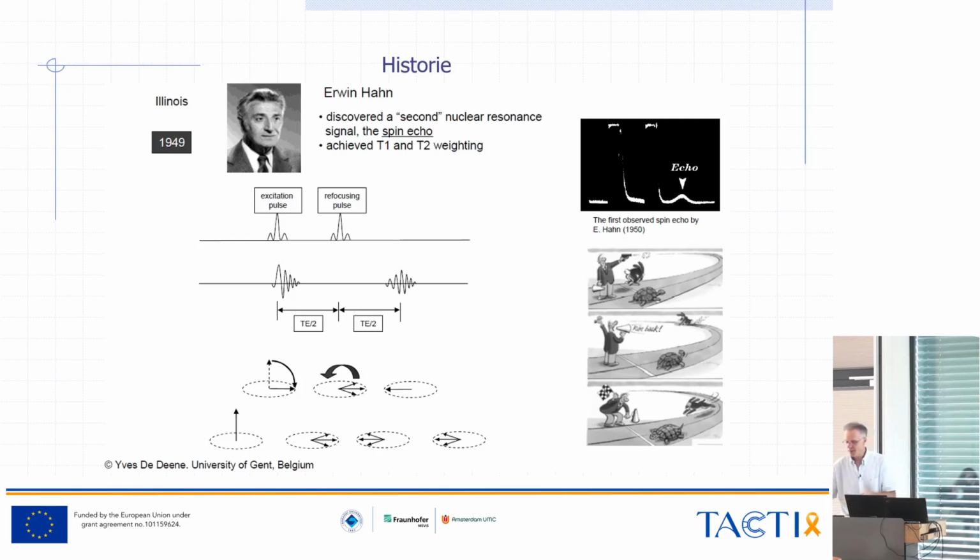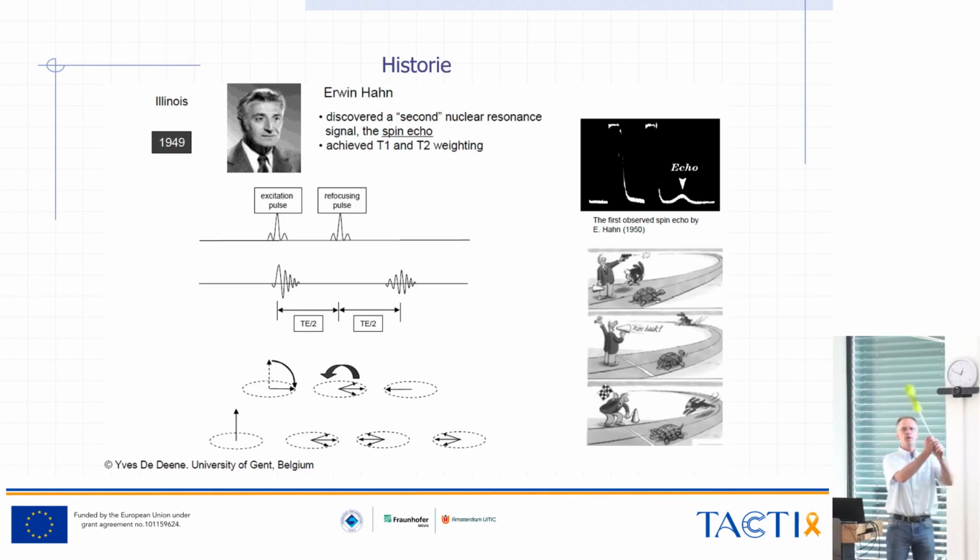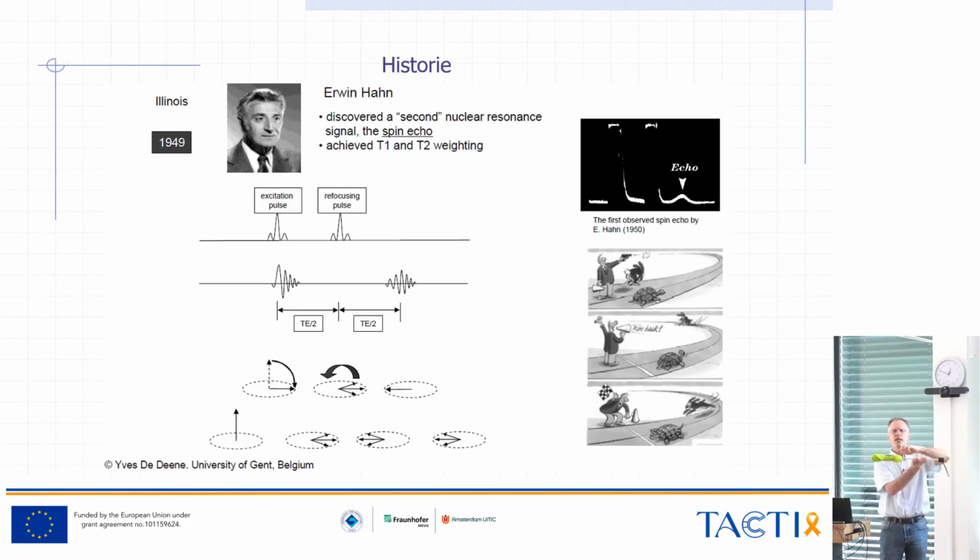What actually happens is that you flip your magnetization down and then some of the magnetization experiences a higher field and others a lower field. So they will lag behind or be ahead of our reference magnetization. Actually, it's not exactly so.